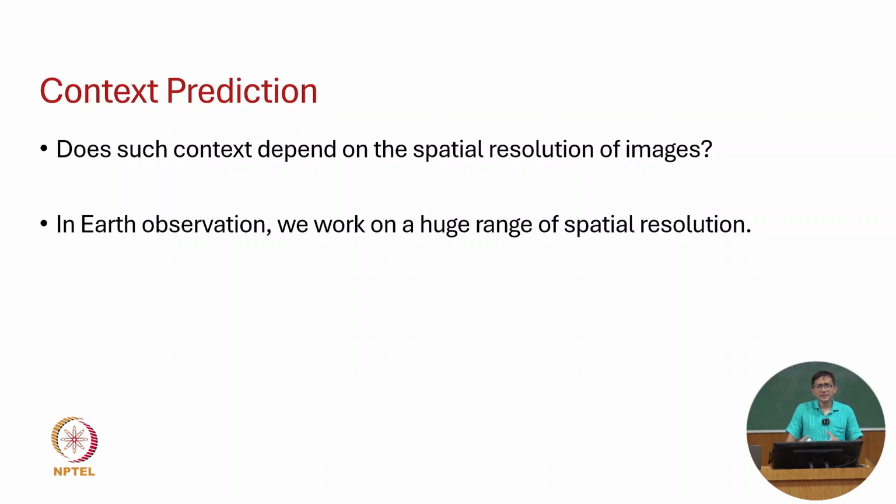Whereas at 30 meter per pixel, or even coarser, let's say 100 meter per pixel, we are considering in 1 pixel a significantly large block, and there the relationship with the next pixel becomes less prominent. I should emphasize, relatively less prominent.